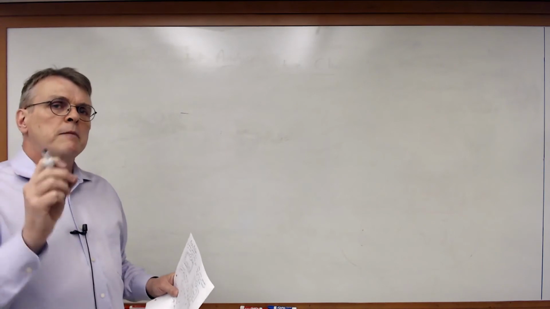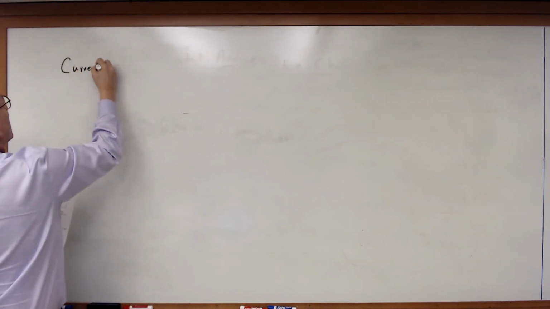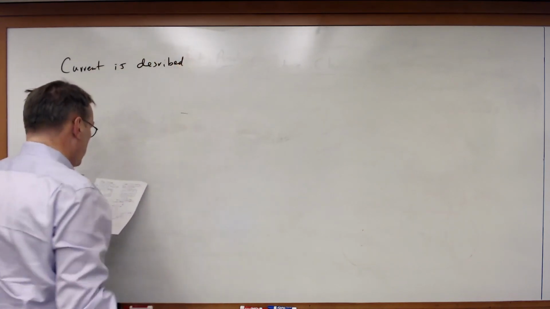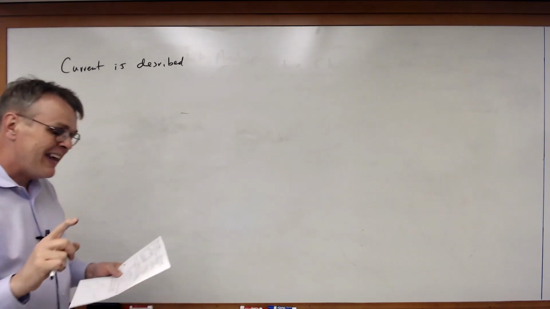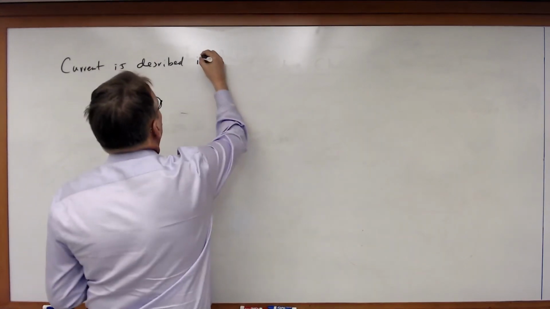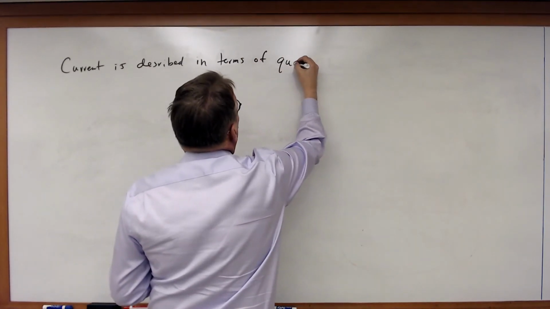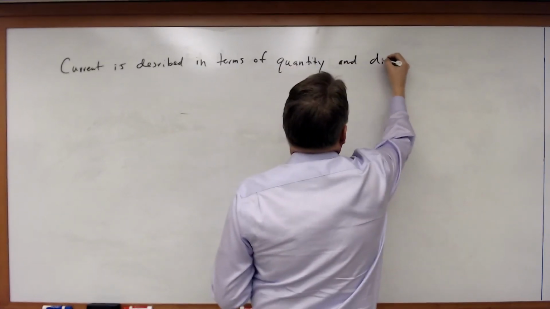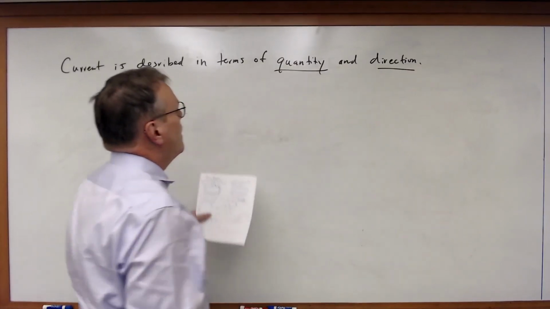Current is going to be described in two ways. It's described in terms of the quantity of current as well as the direction of the current as it moves through a conductor. And what do we mean by that?